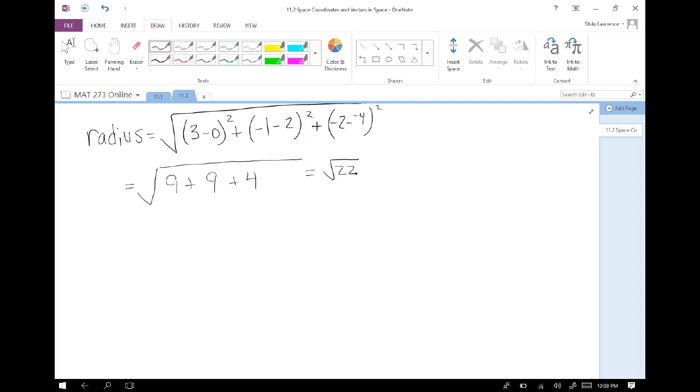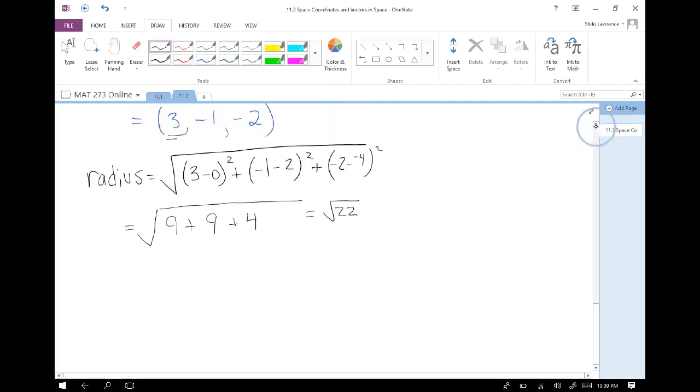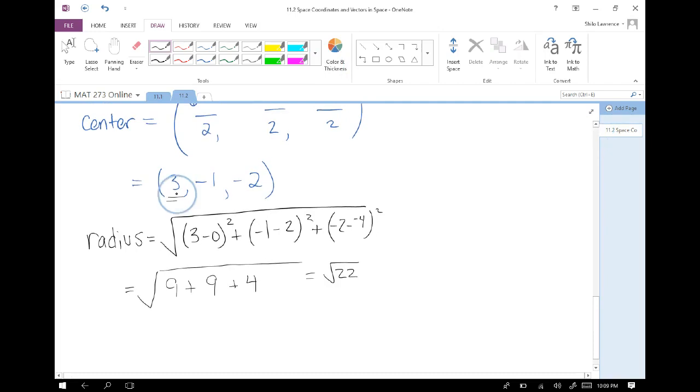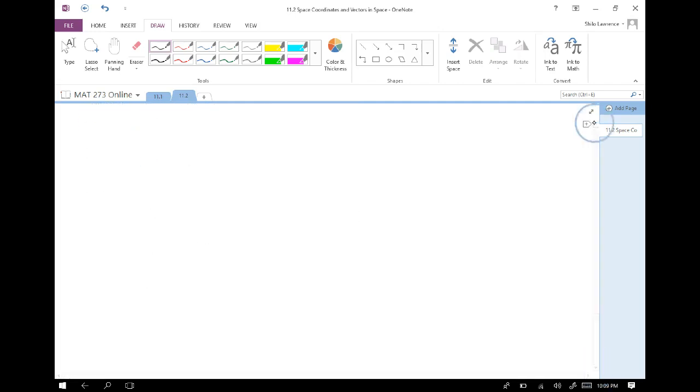Pretty much everything we do this semester, unless we are explicitly told we can use decimals or approximations, we want to leave it exact. So we have now found all the information that we need in order to write the equation of this sphere. We've got a center at 3, -1, -2, and we've got a radius of square root 22. So now we refer back to our equation for a sphere.